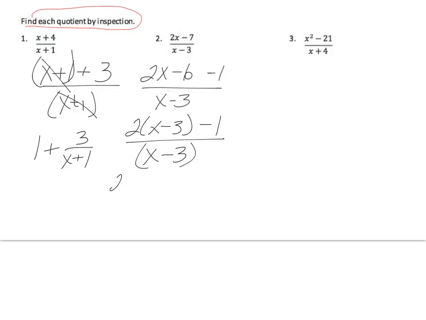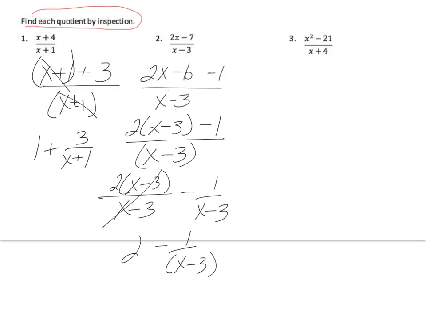So I'm going to separate this: 2(x minus 3) over x minus 3, minus 1 over x minus 3. Those cancel out. I'm left with 2 minus 1 over x minus 3. Very exciting.